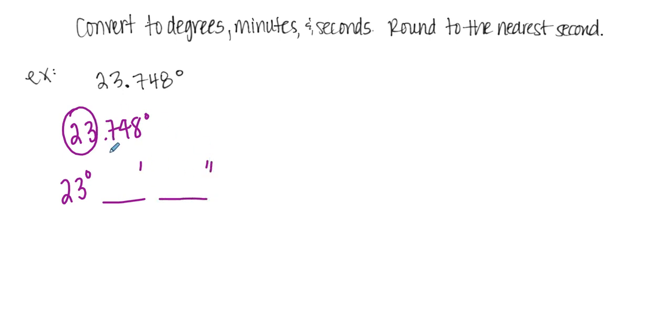So I'm going to truncate, and just take the 0.748 degrees. I'm going to get rid of the whole degrees because I want to convert the decimal portion, the part that's less than 1 degree, to minutes. So there's 60 minutes in 1 degree.